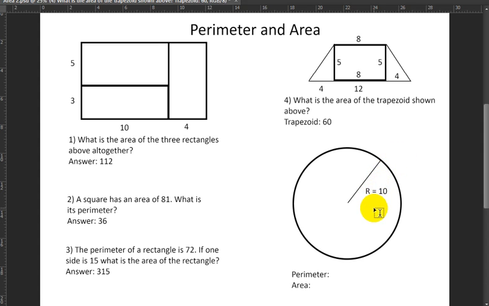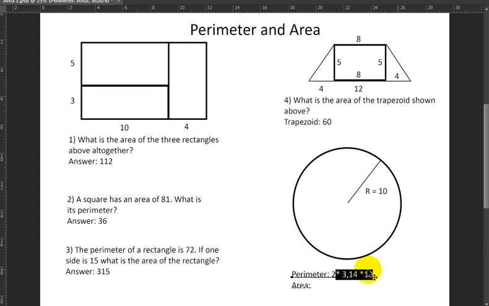Next up, we want to find the perimeter and the area of this circle. The perimeter, if you remember from yesterday, is going to be 2 times 3.14 times the radius, which in this case is 10. So I am going to have to do this multiplication.